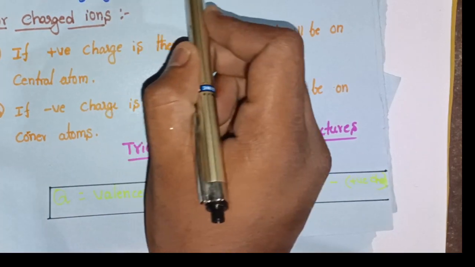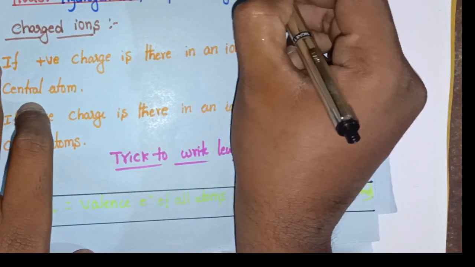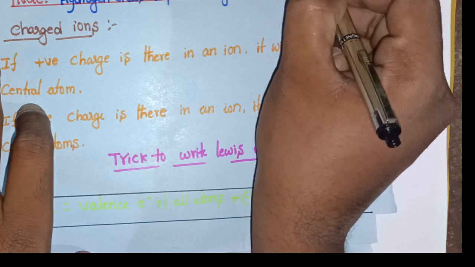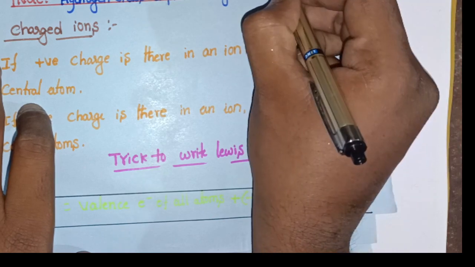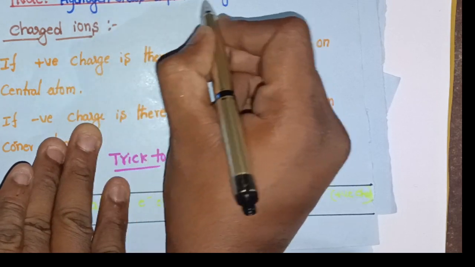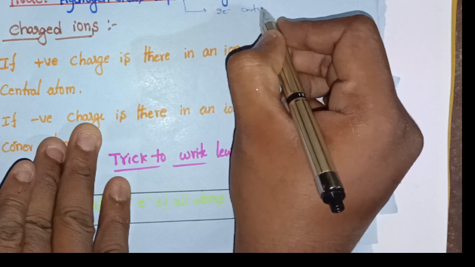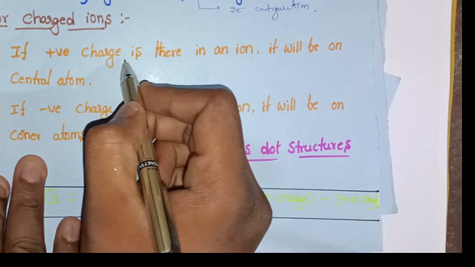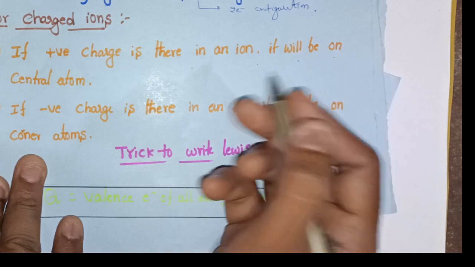The corner atom must follow the octet rule. Every corner atom contains 8 electrons except hydrogen. Hydrogen shows a duplet configuration, 2 electrons. For charged ions, if a positive charge is there in an ion, it will be on the central atom.